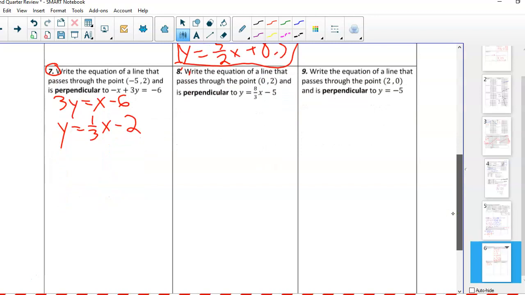All right, now our new equation needs to be perpendicular to this one. So what will our new slope be? Negative 3 over 1, or just negative 3. So now we're going to use this slope and this point to find b. So 2 equals negative 3 times negative 5 plus b. Positive 15.